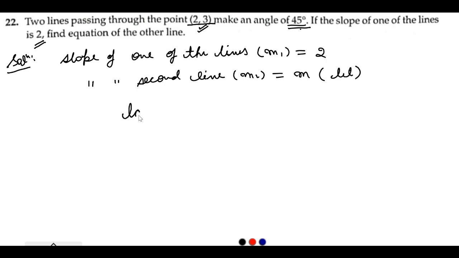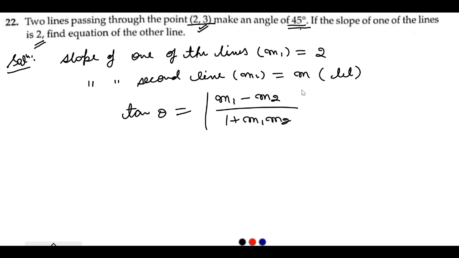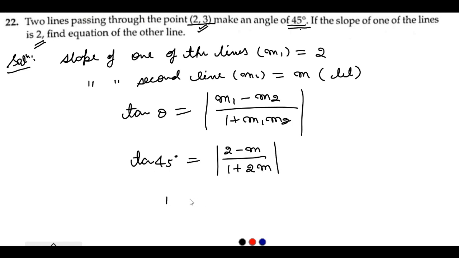Therefore, the angle between the lines will be equal to M1 minus M2 upon 1 plus M1 M2, and the angle is given, that is 45 degree. Tan 45 is 1, which is equal to plus minus (2 minus M) upon (1 plus 2M).